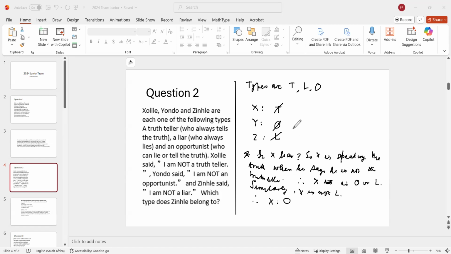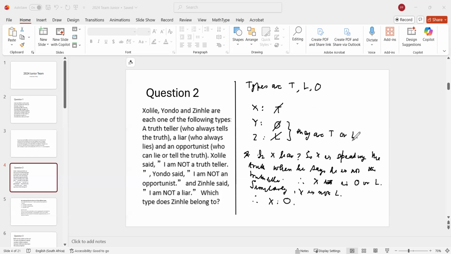So if X is an opportunist, it means that these people, one is T and one is L. Okay, so suppose, let's have a look at Y. Okay, now Y says is not the opportunist.